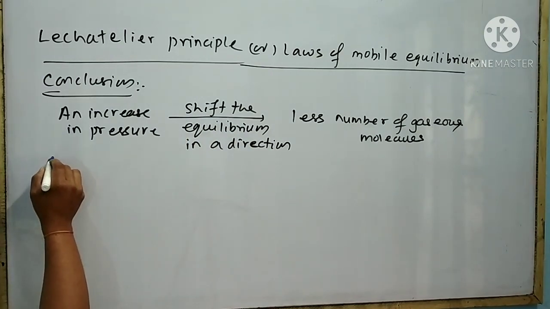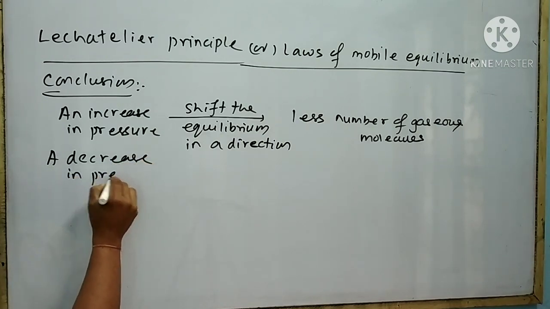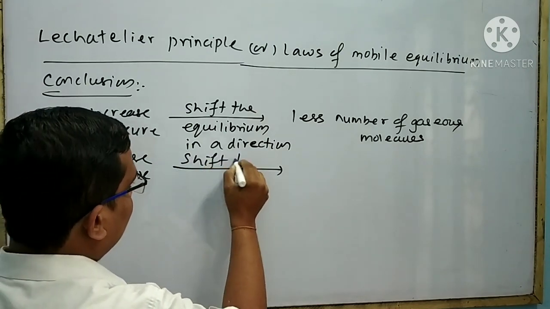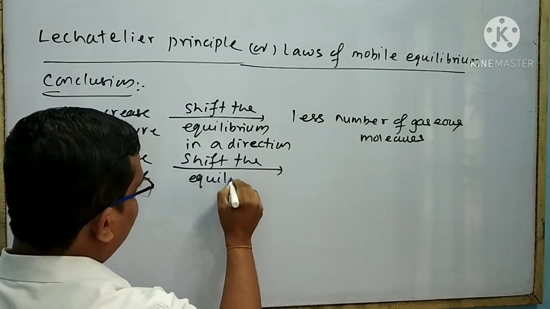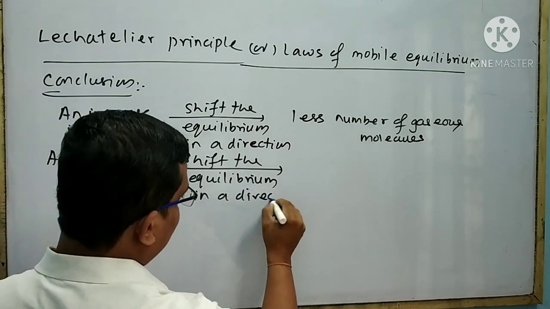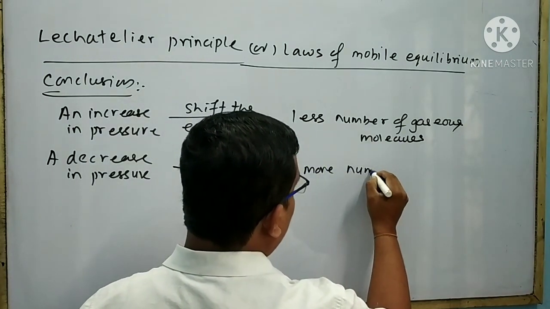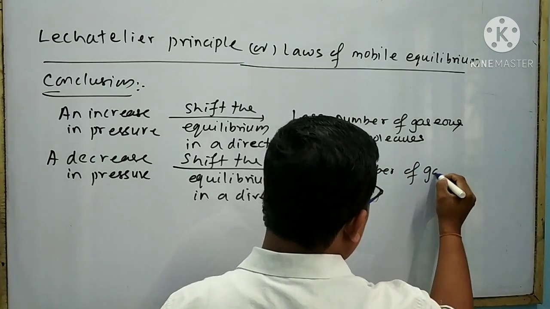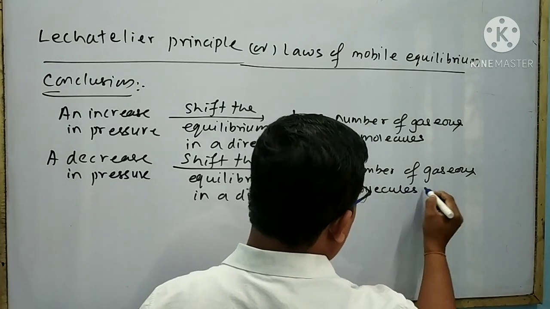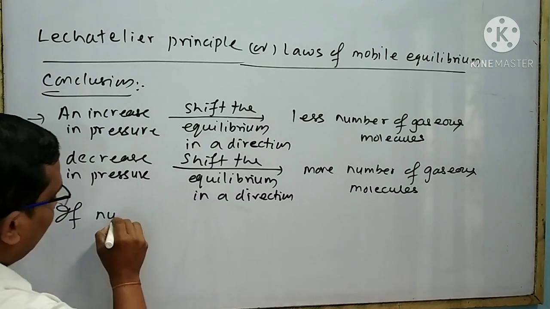Similarly, I can write a decrease in pressure shifts the equilibrium in a direction in which more number of gaseous molecules are present.